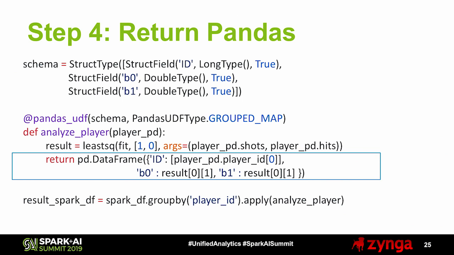So this is basically taking those coefficients and then returning them as an ID and beta 0, beta 1 kind of coefficient here. Here we're returning just a single row, but when we get back to that last step of result Spark DF, it's going to return a single row per player. So this is a case where we've gone from kind of a deep to shallow representation, and we've transformed it for each of the players in our data set.